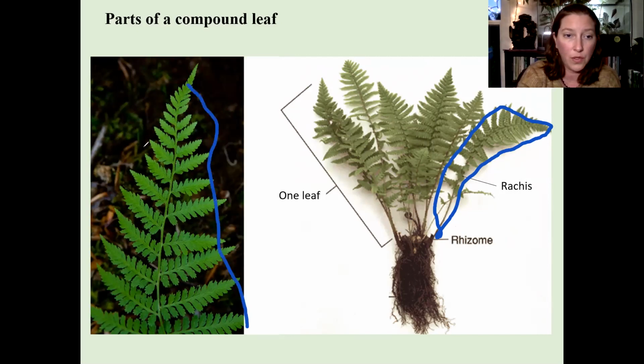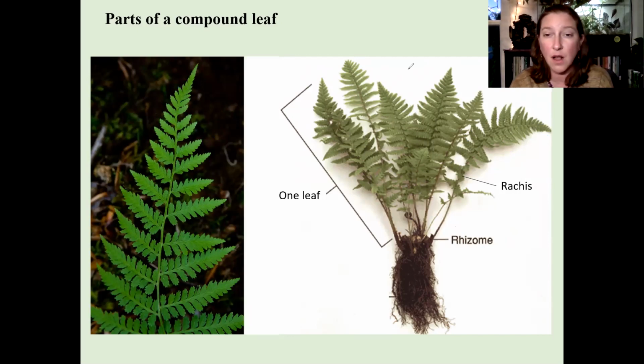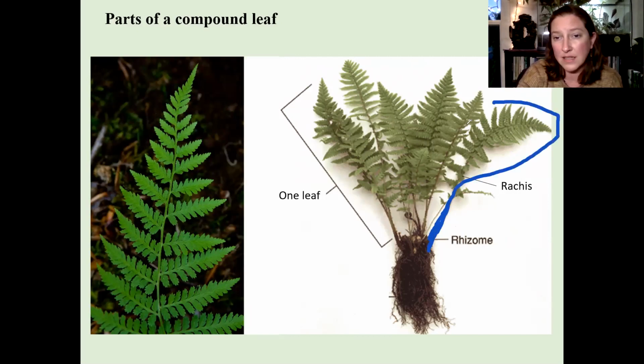This whole thing on the left is one leaf. You see how it's more complicated? So this is a compound leaf. On the compound leaf, you still have the same things: you still have a petiole, and the green part is still the blade or the lamina. One difference of a compound leaf, though, is this.